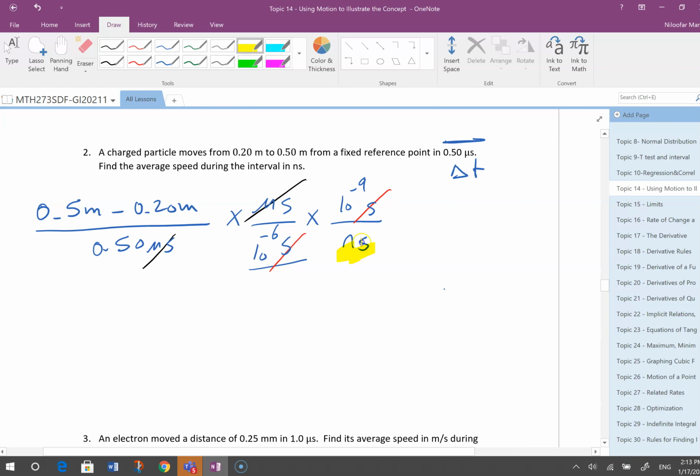What is left is this one, this one and this one. So calculate it. It is 0.30 multiplied by 10 to the power minus 3 meters per nanosecond. So be careful with the units. Maybe we need conversions.